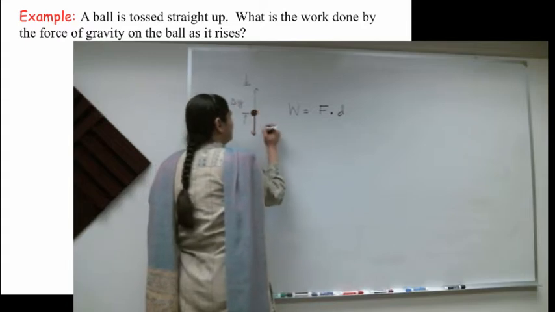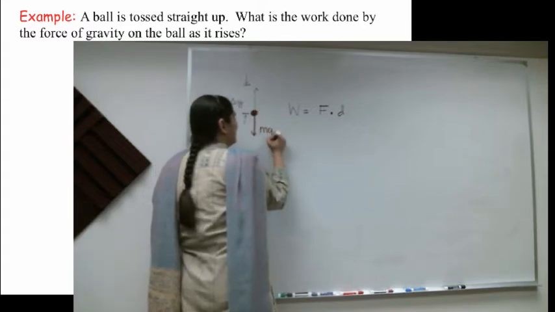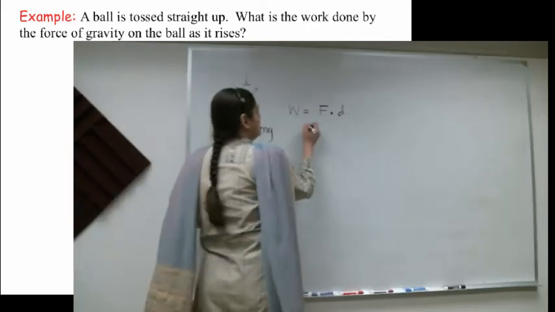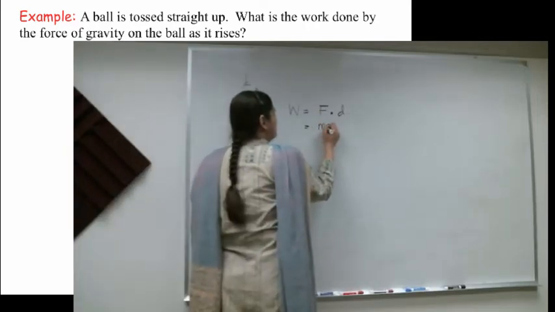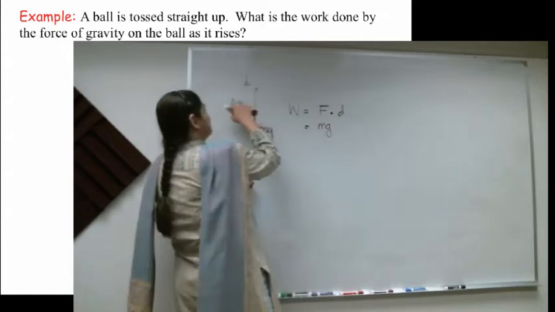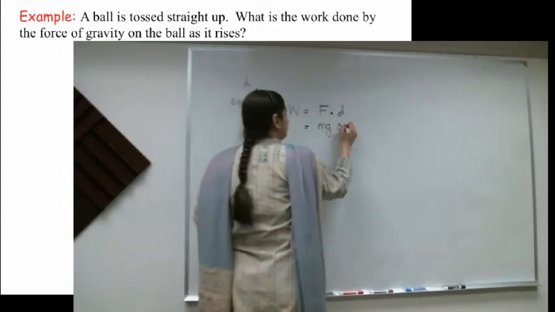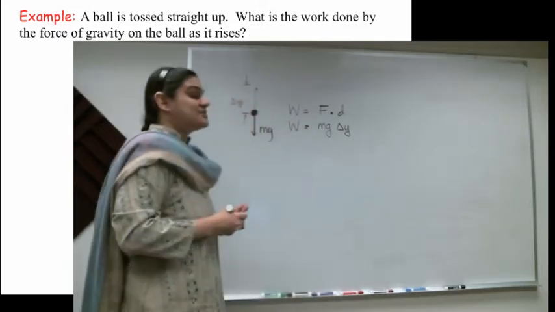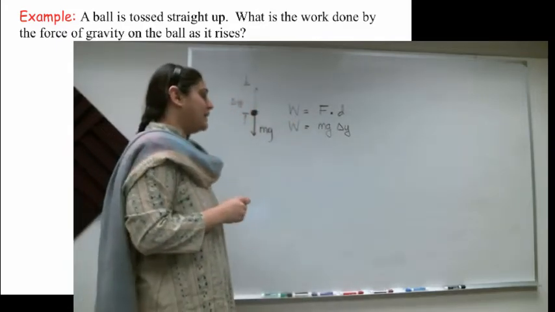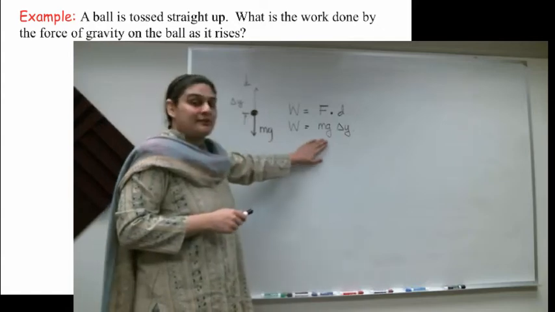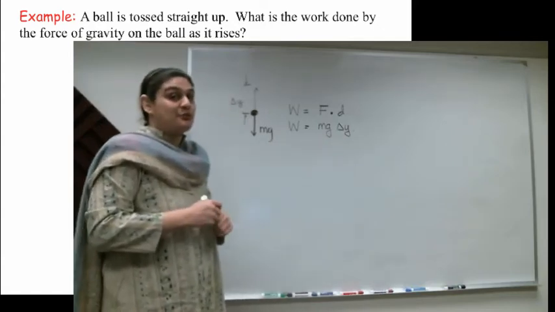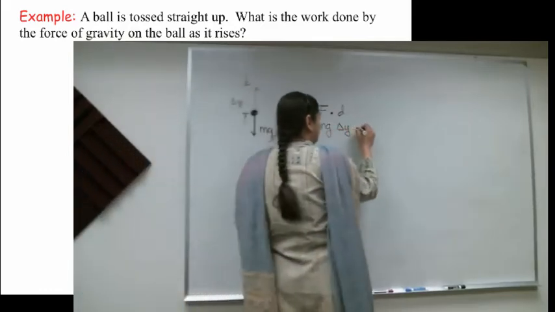The only force being applied on it is its weight acting downwards. So I can place that here, mg, and the distance it travels here. So the work done on this object is mg delta y. Very carefully note what this also is: this is also the equation for the potential energy of the system.